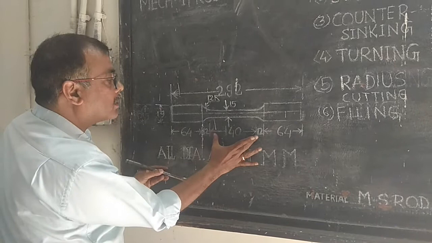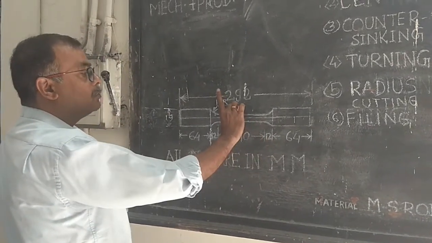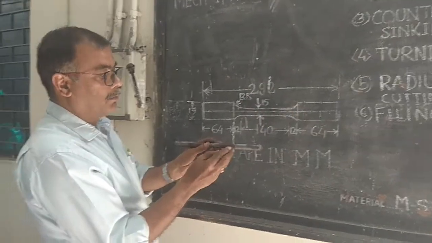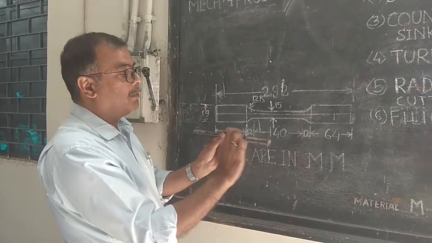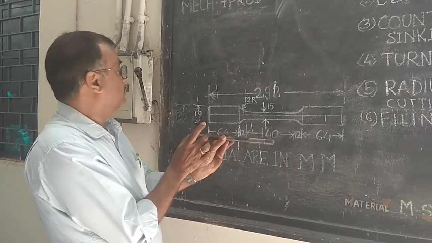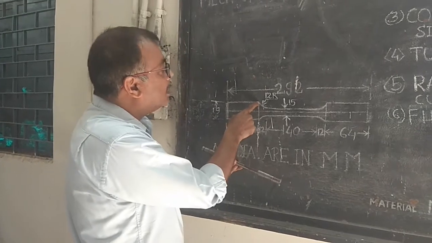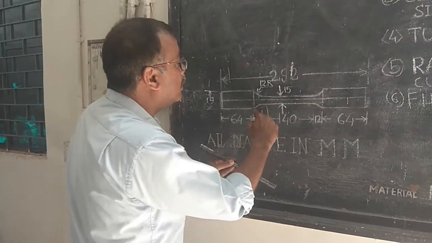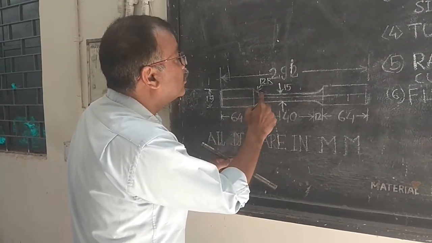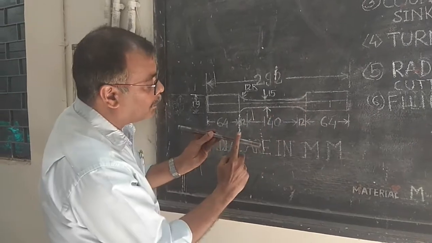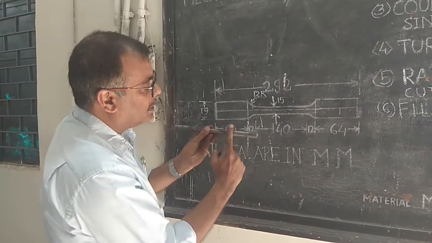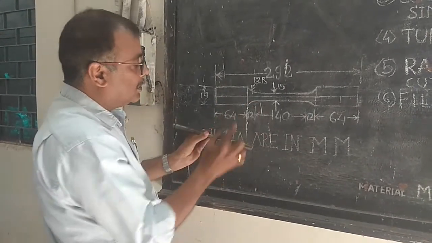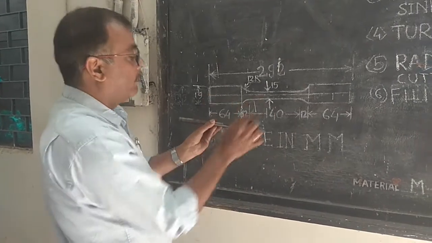Then for 140 mm, there has to be a diameter of 15 mm. From here to here, it has to be 15 mm, and from here to here, 19 mm. There will be a gradual reduction of diameter from 19 mm to 15 mm with a profile radius of 12 mm.